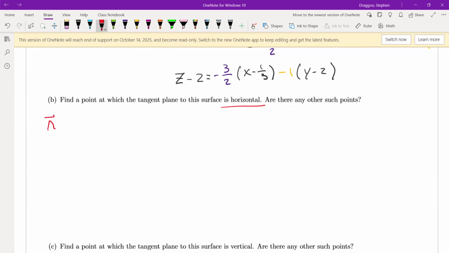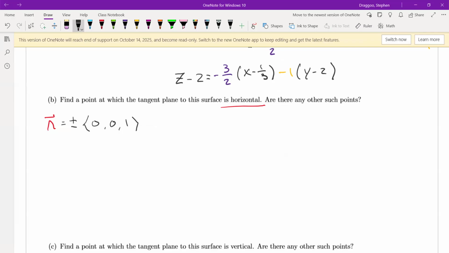I'm looking for a normal vector that is parallel to plus or minus 0, 0, 1. Hopefully you buy that argument. If I want a horizontal tangent plane, that plane should have a normal vector that points in the z direction, since that's the vertical direction.